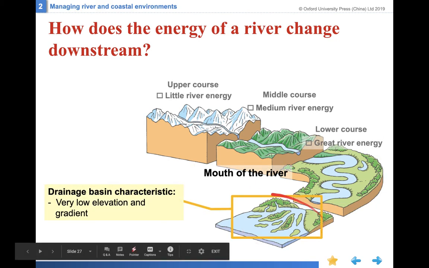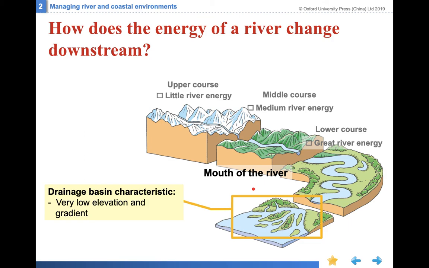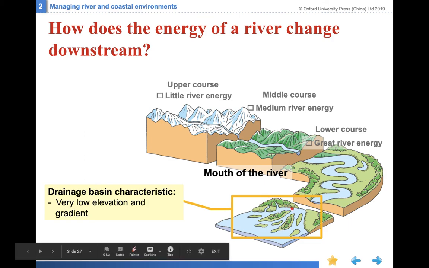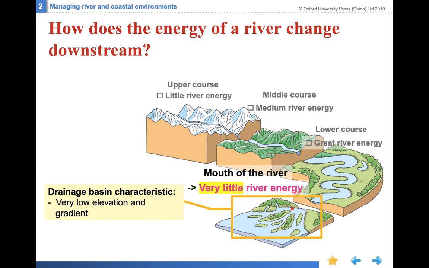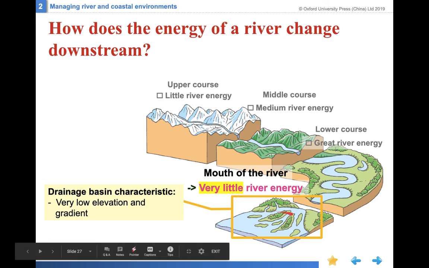While for the river mouth, the mouth of the river, the elevation and the gradient are very low. So they got very little river energy at the mouth of the river.